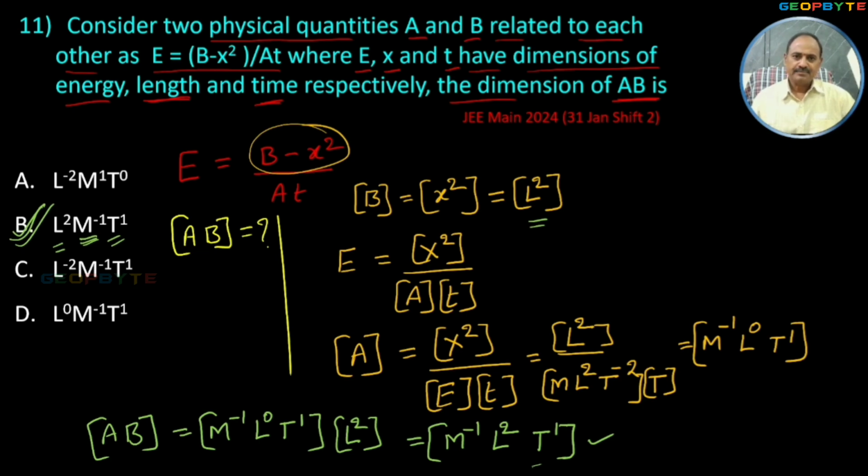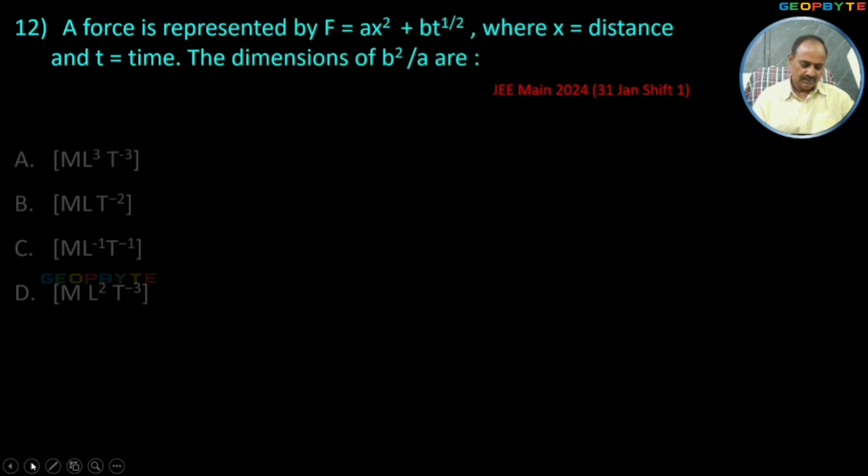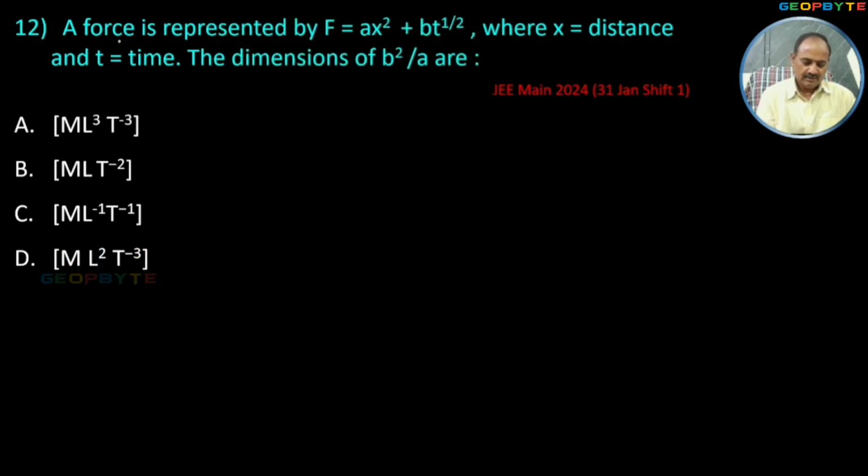Understood clearly? Yes. Similarly, look at the next question. It is asked like this. A force is represented by F equals A x squared plus B t power 1 by 2, where x is the distance, T is the time.